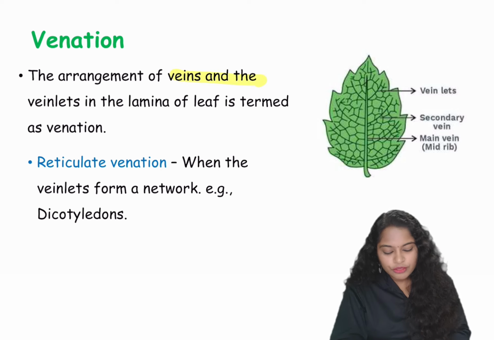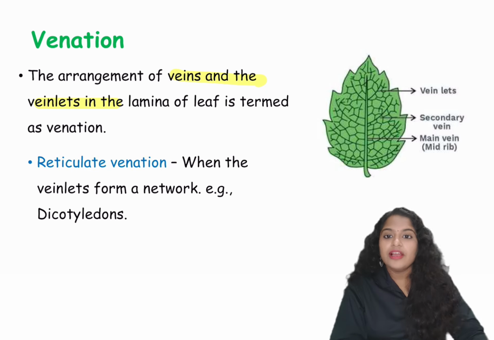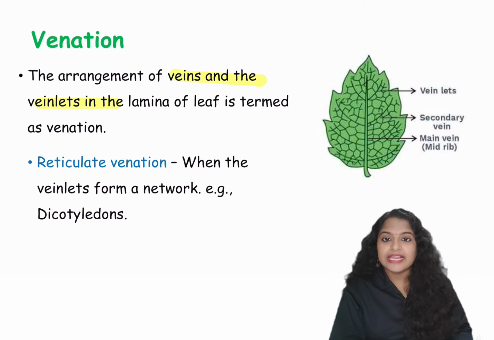Next is venation. Venation is the arrangement of veins and veinlets in the lamina. There are two types of venation: reticulate venation and parallel venation. The first one is reticulate venation, which is network-like. Here one main midrib is there, and from it veins and veinlets arise, so it looks like a network. It is mainly found in dicotyledonous plants.